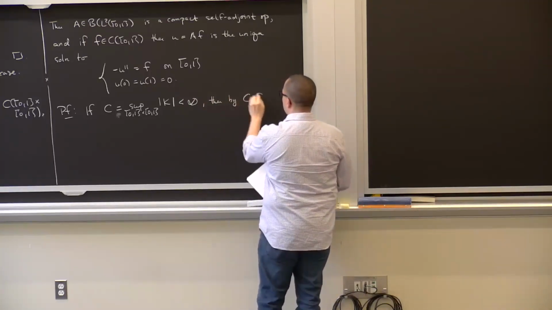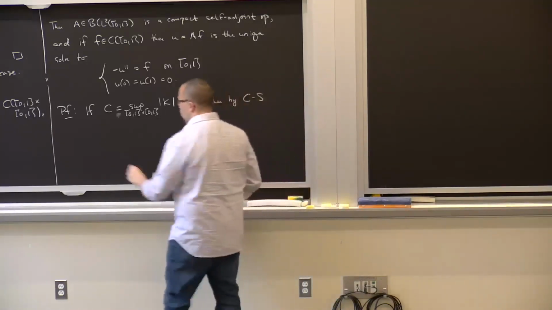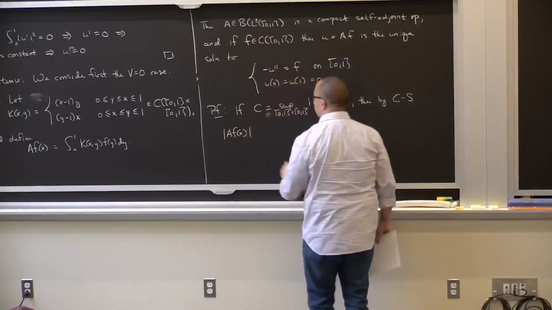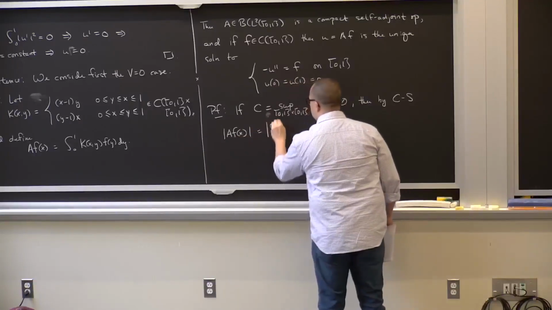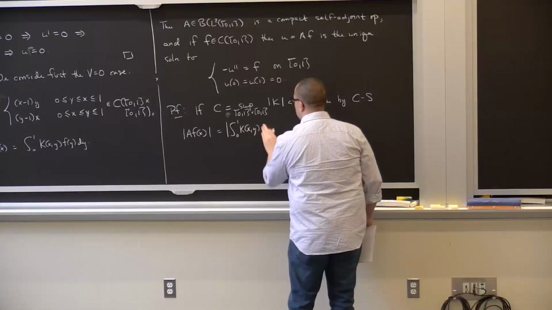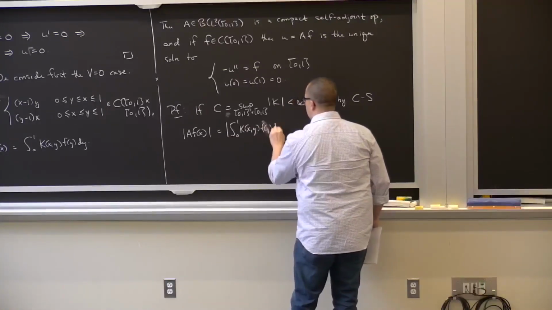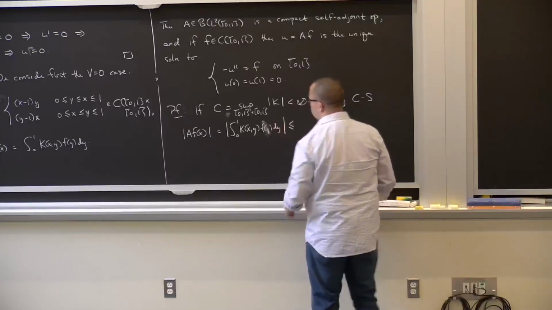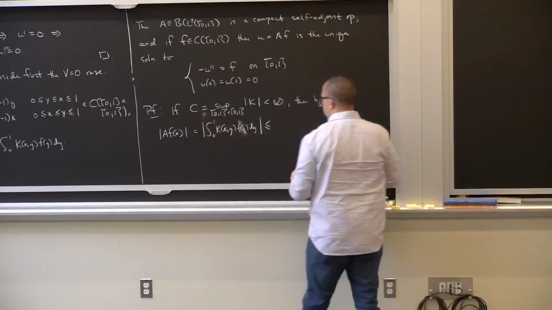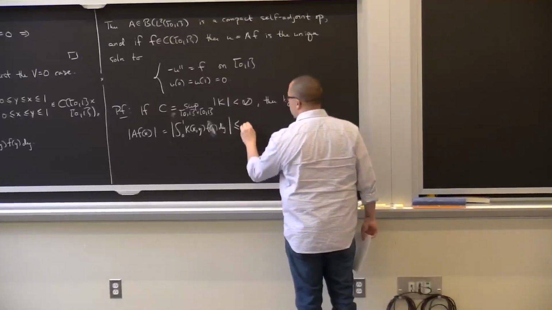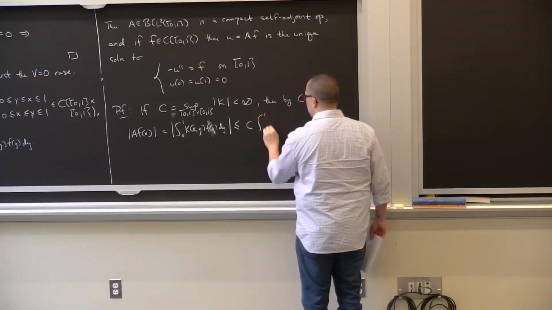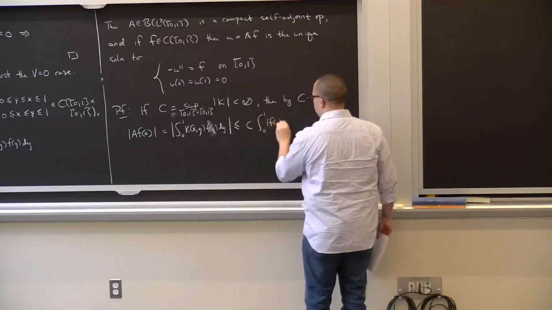And by the Cauchy-Schwarz inequality, we get that A f of x is equal to the integral from 0 to 1 of k of x, y, f of y dy. It's less than or equal to, if I bring the absolute value inside and then bound k by C, C times the integral from 0 to 1 of |f of y| dy.